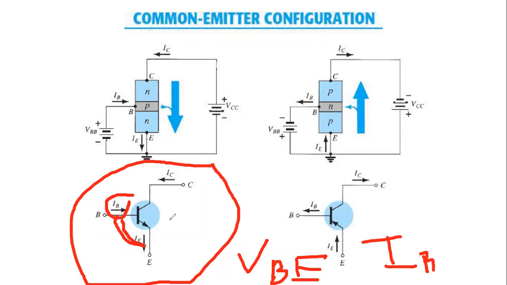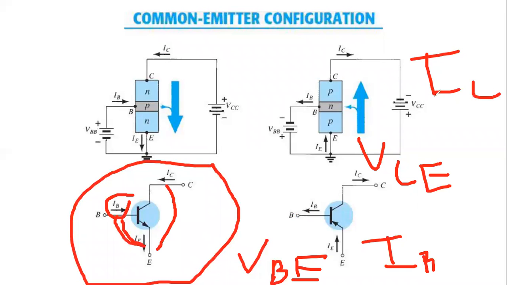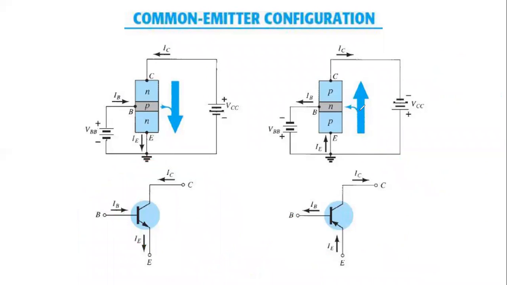And in the output circuit, the output voltage is VCE, collector and emitter, because the output is between collector and emitter, and the output current is IC, that means the collector current. So that is the common emitter configuration.